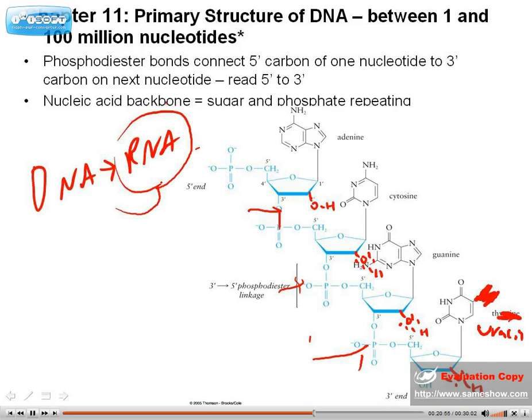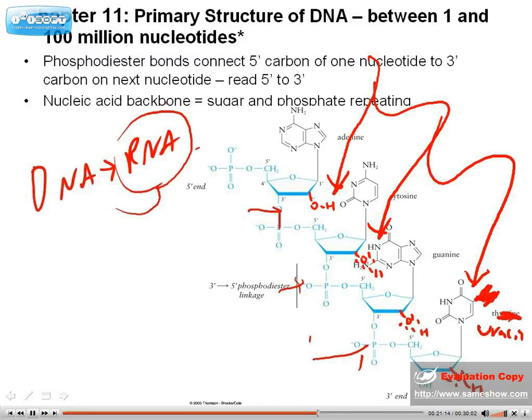Now, it turns out there are special enzymes which can break down nucleic acids. When you have these specific characteristics of RNA, where you have alcohols present and you have uracil present, then these can be broken down pretty easily.